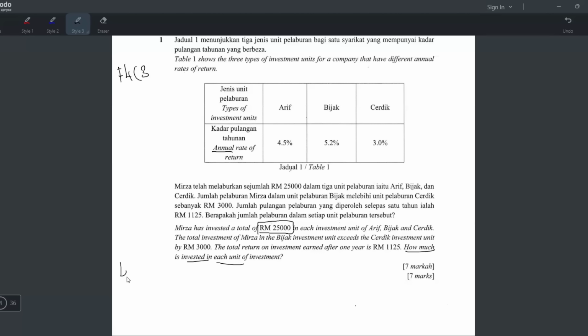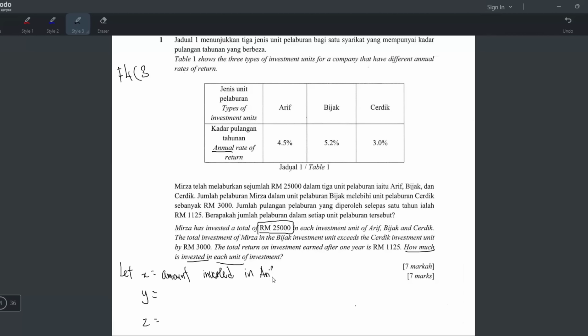So first step is let your x, y, z equal to, see what they want. They want to find the amount invested in each unit. So make that the x, y, z. Invested in each unit means in every unit. So x will be the amount invested in Arif lah.